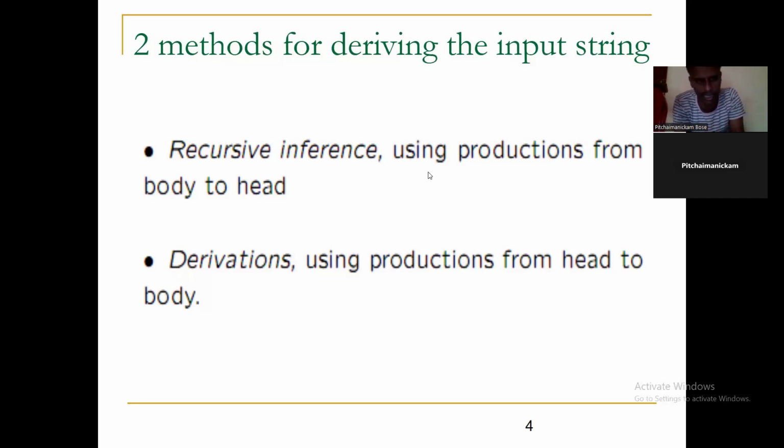We collect all the inputs and put them together so that it leads to the start symbol. That is called recursive inference. And derivation uses the productions from head to body. You just note it down. We will discuss this elaborately in the further slides.